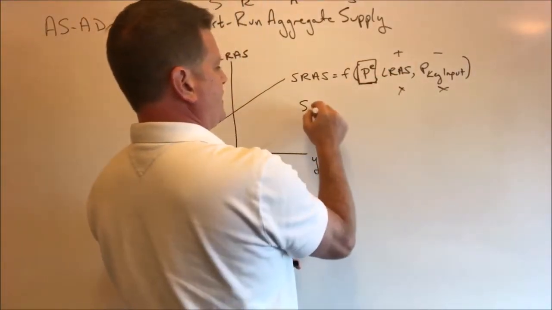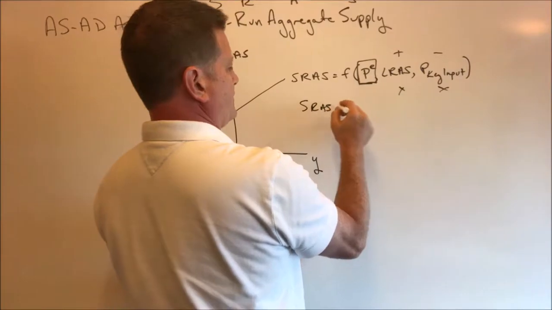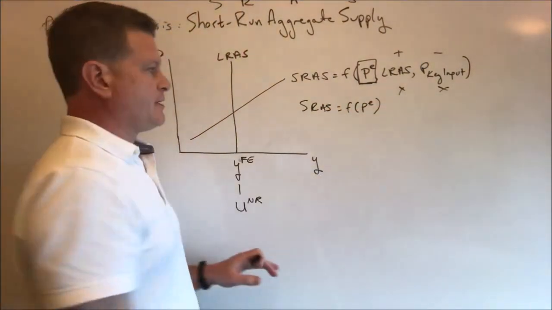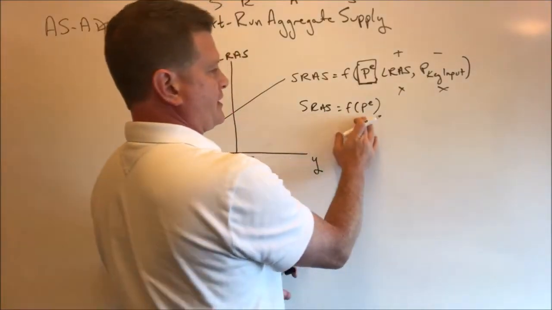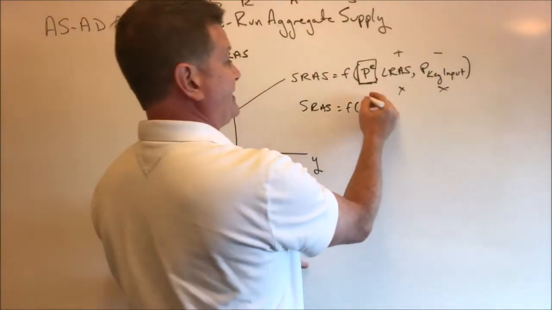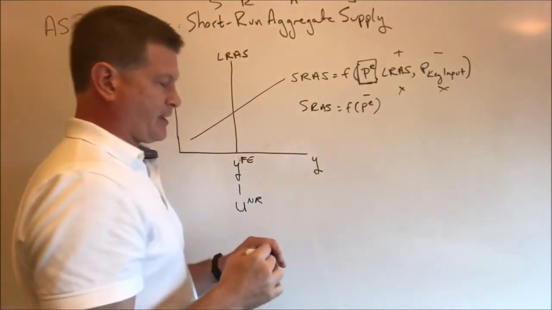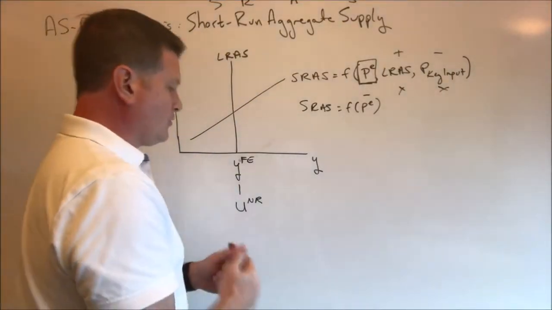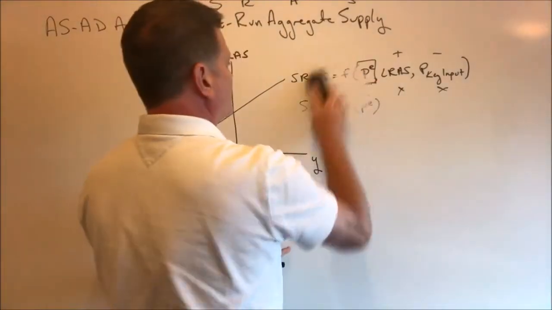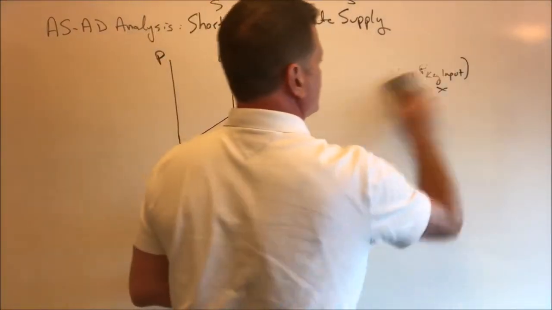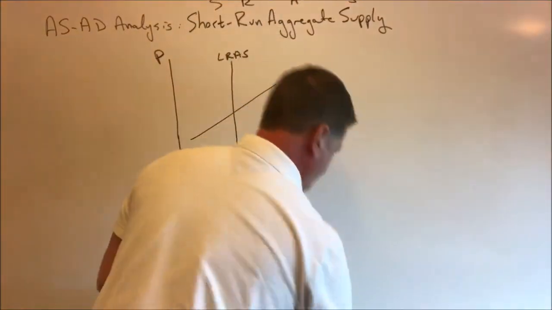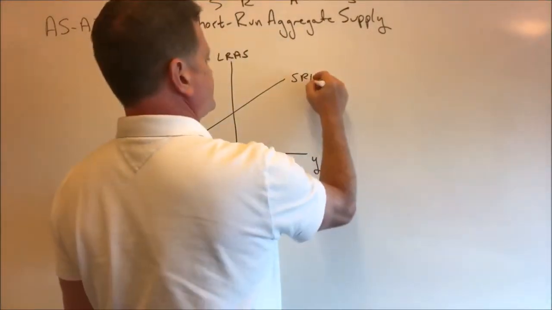So most of the time, I write it like this. The short run aggregate supply depends on the expected price level, and it is a negative relationship. Let me explain why briefly. So, first of all, let's simplify this to focus on the one key input we really care about.